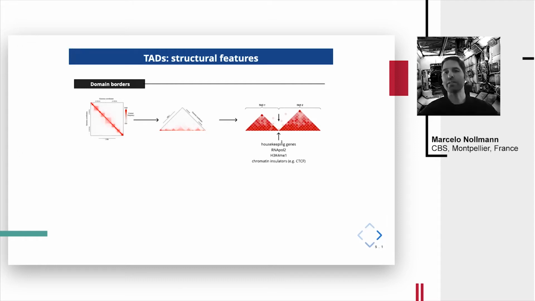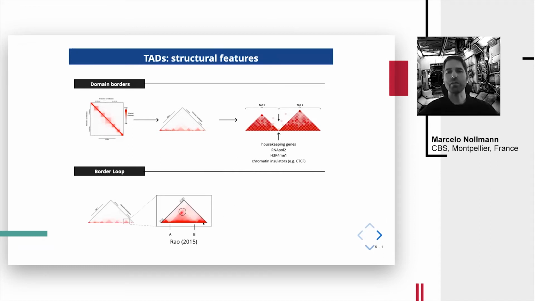People have seen that the borders tend to be occupied by housekeeping genes, by active polymerases, active epigenetic marks, and most notably chromatin insulators, for example CTCF in mammals. A few years ago, after the improvement in resolution of Hi-C and 3C technologies, people were able to visualize specific interactions between two different loci.